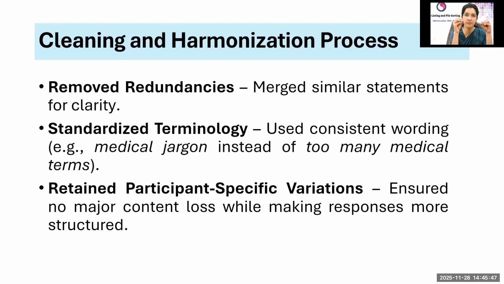That is very important because I cannot replace the whole sentence. I have to ensure that there is no content loss when I make the response. So I will show you the Excel sheet, how we have done that. Your responses.